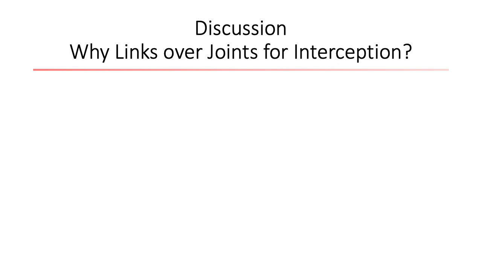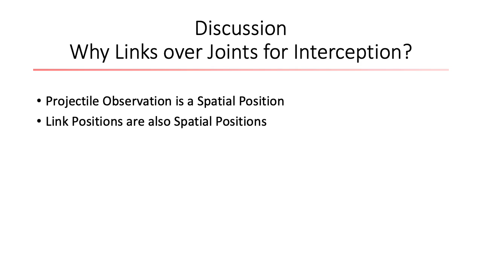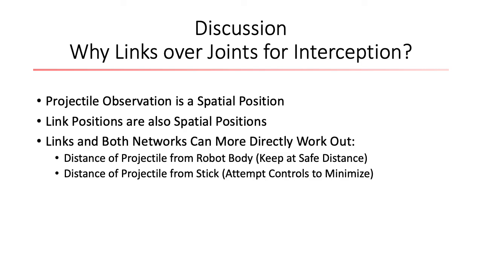So why are link positions important for interception tasks when it is known that the rigid link positions of an articulated body can be calculated from the joint angles anyway? We believe this is because projectile observations and link positions are both spatial coordinates, allowing the policies with links to more easily calculate the distance of the projectile from the robot body, which must be kept at a safe threshold, and the distance of the projectile from the stick, which must be minimized.